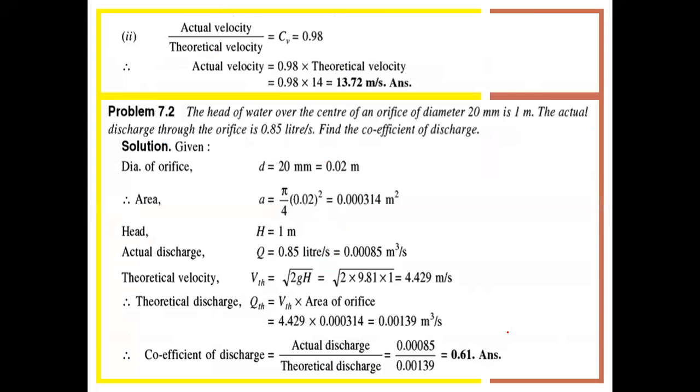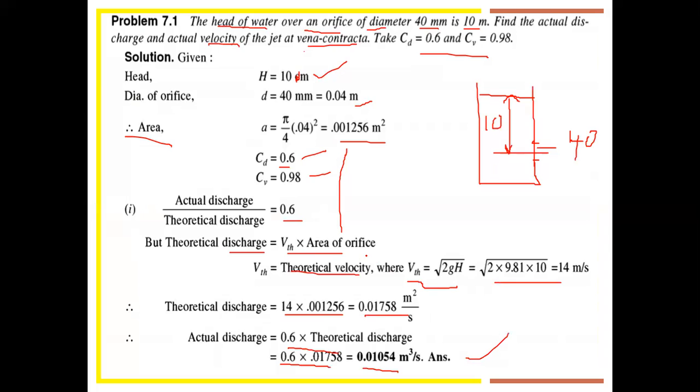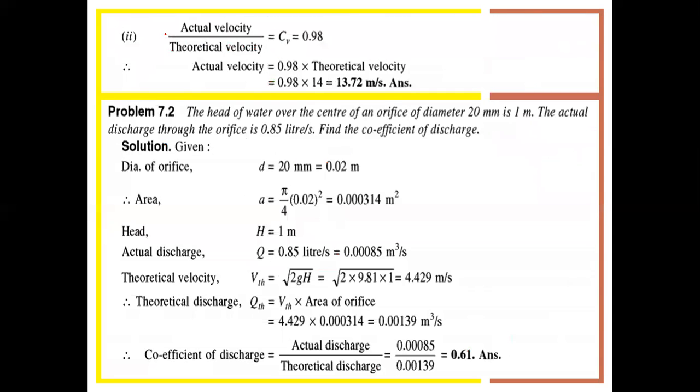Now we have to find the second part, the actual velocity at the vena contracta. Actual velocity by theoretical velocity is equal to CV, 0.8. Since we need to find the actual velocity, it is 0.8 into the theoretical velocity. What is the theoretical velocity here?